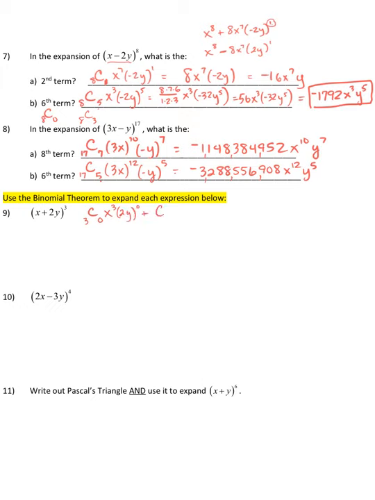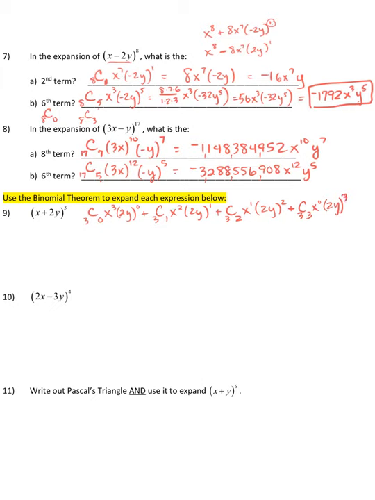This will be then the combination of 3 things 1 at a time, x to the 2nd, 2y to the 1st, combination of 3 things 2 at a time, x to the 1st, 2y to the 2nd, plus the combination of three things 3 at a time, x to the 0, 2y to the third.